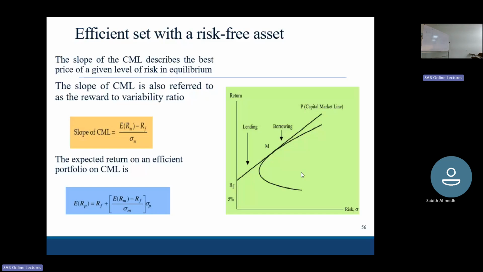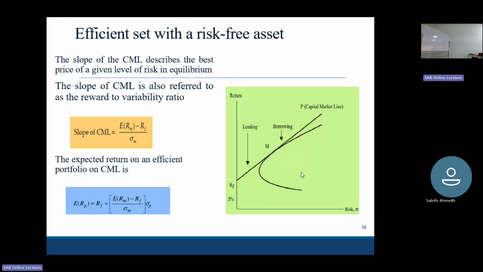It means that according to its risk level, the premium is capitalized. That is the meaning. How do we calculate the expected return for this efficient portfolio?